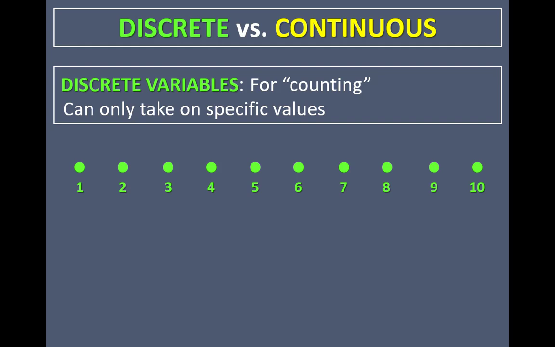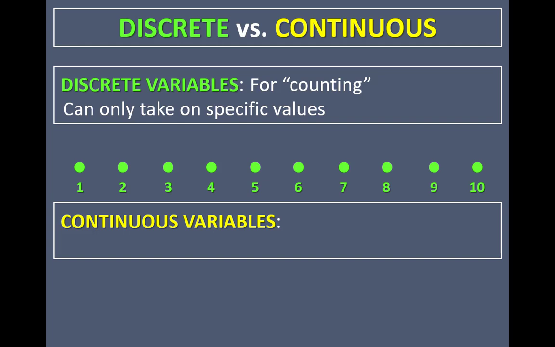Whereas a continuous variable is something that we would use when we are measuring something. A continuous variable does not have that same limitation as a discrete variable. We don't only have a very limited set of numbers between two specific values. So again, if I look at between 1 and 10, and I'm talking about a continuous variable where I'm measuring, I don't jump from 1 to 2 to 3 to 4.